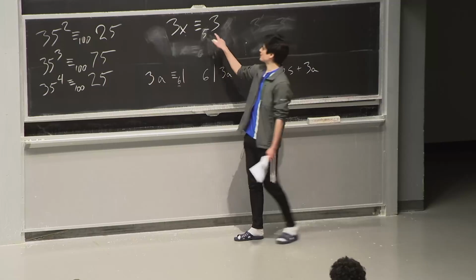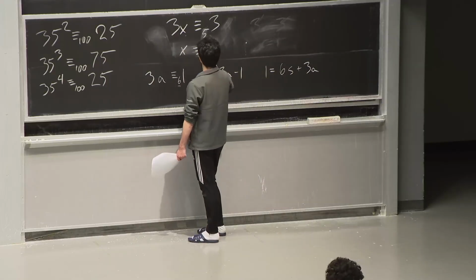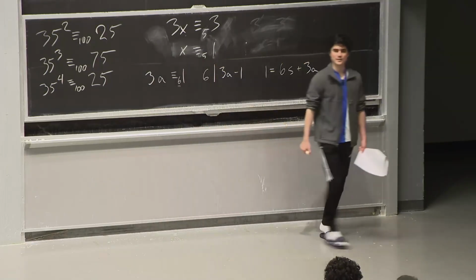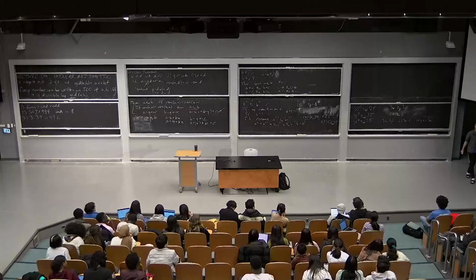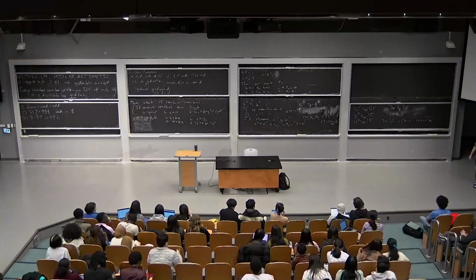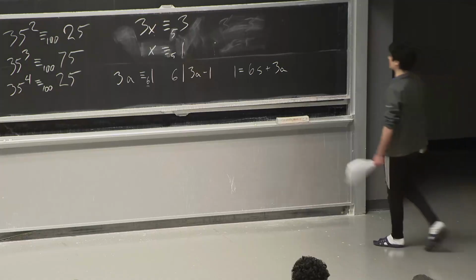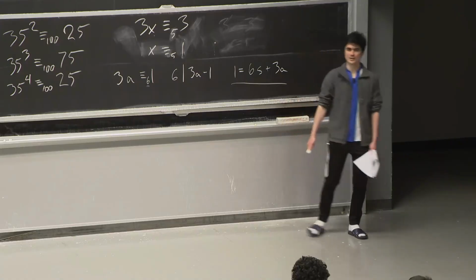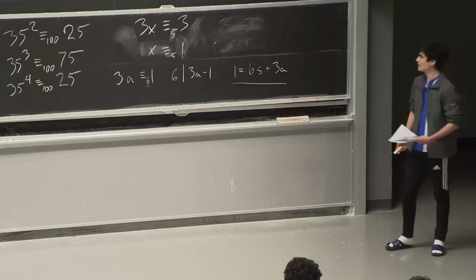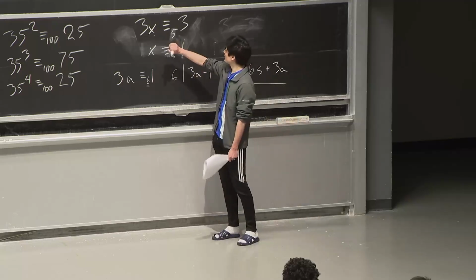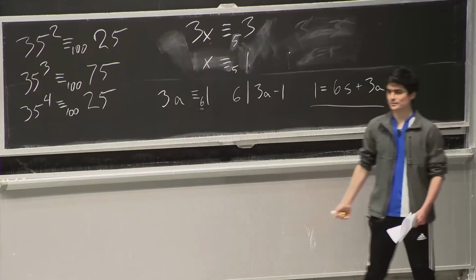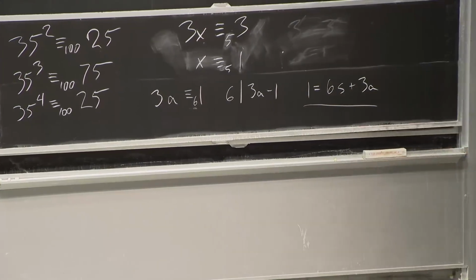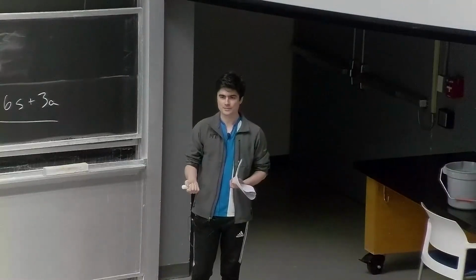If we have 3x is congruent to 3 modulo 5, can we then conclude x is congruent to 1 modulo 5? Seeing some nods? Why? Well, basically exactly the same reason. This exactly characterizes when what we described will work: if the modulus and the coefficient we're trying to divide by are coprime, if their GCD is 1, then we'll be able to divide.